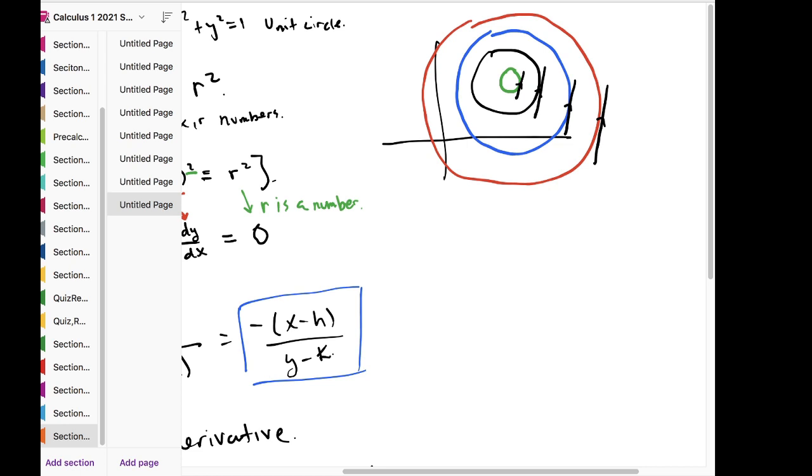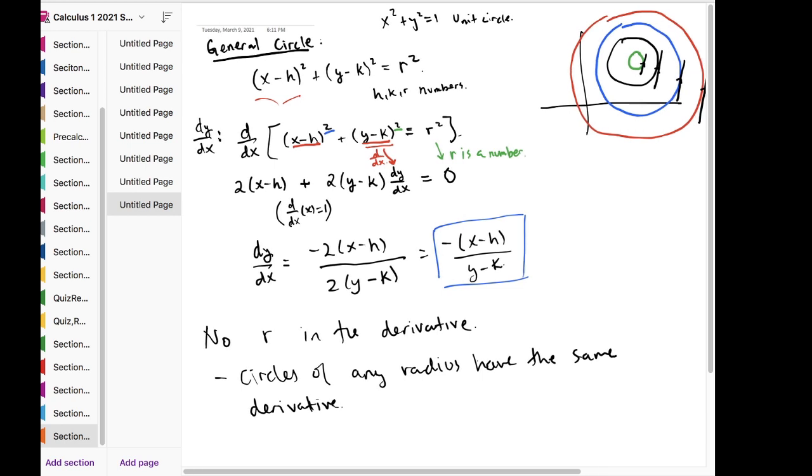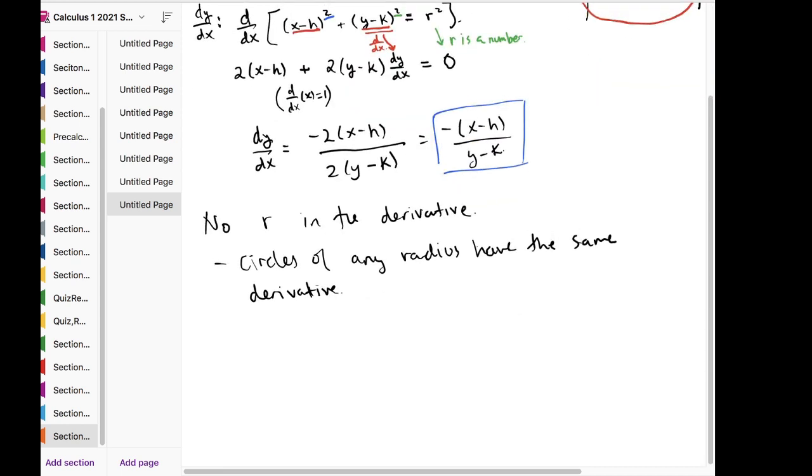So no matter where you plug in your values, they'll always be the same for the same x, y. I think it's interesting to note. Questions about that? It shows a nice thing about a circle. A circle that's really small and a circle that's really big have the same expressions for their derivative.